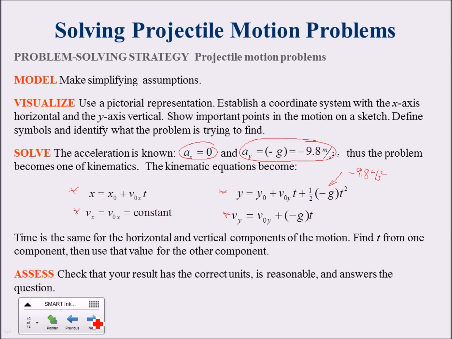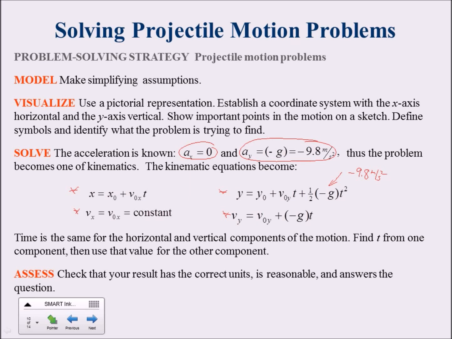The thing that links those two together is the time. You can find the time from one of the motions usually and use that value for the other motion. So you might find at what time it reaches the highest point and then how far it traveled horizontally in that time. So you look at the vertical motion to find the time to the highest point, and then you look at the horizontal motion to find out how far it traveled.